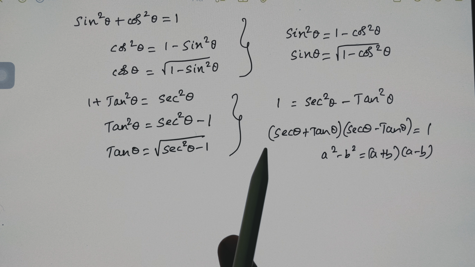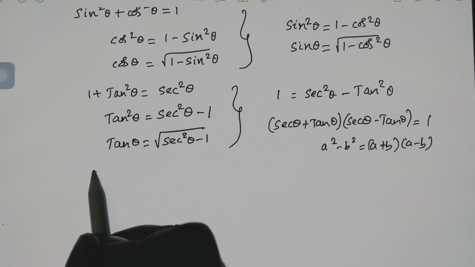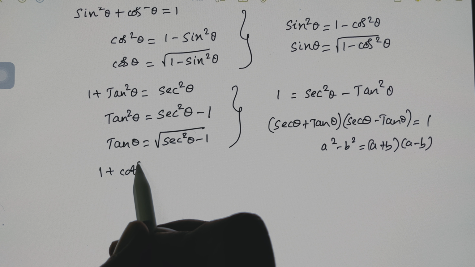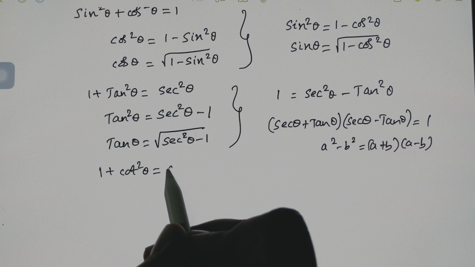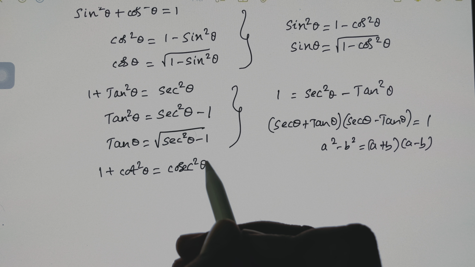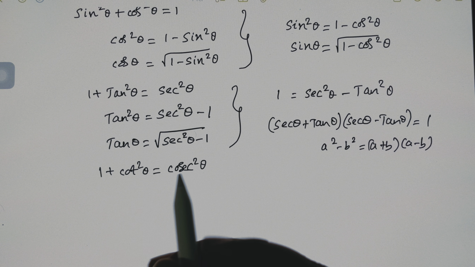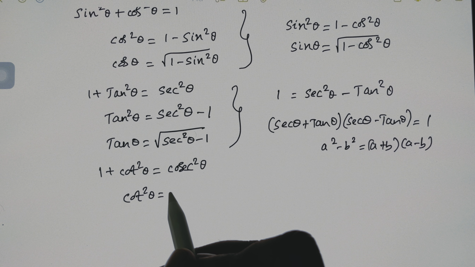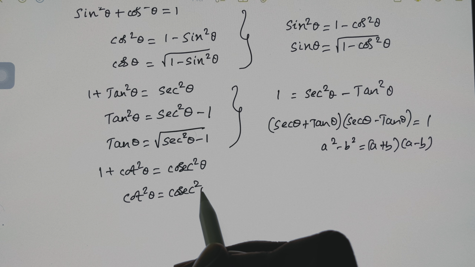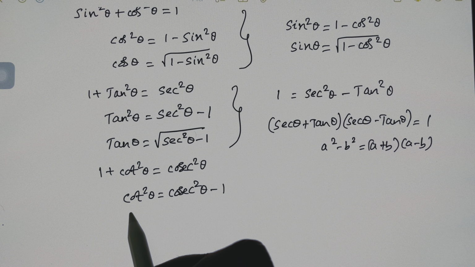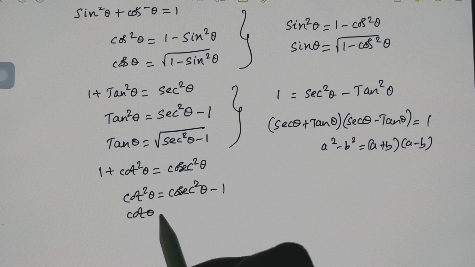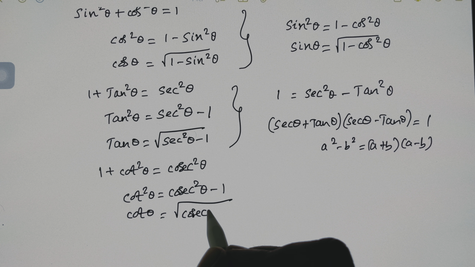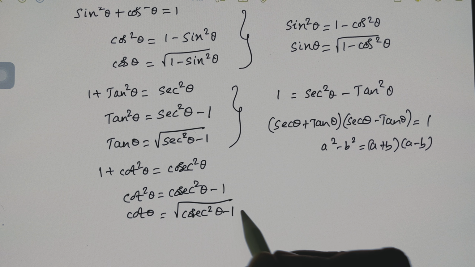Now moving on to the third identity: 1 plus cot square theta equals cosecant square theta. Shift 1 to the right side, we get cot square theta equals cosecant square theta minus 1. Taking the square root, cot theta equals square root of cosecant square theta minus 1.